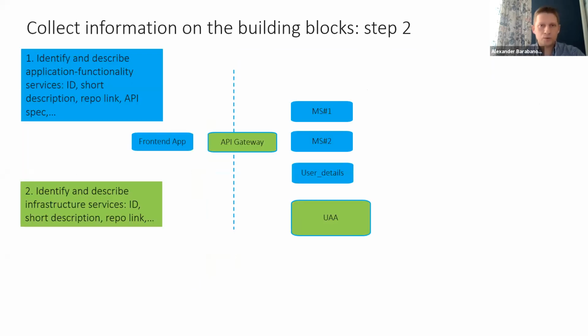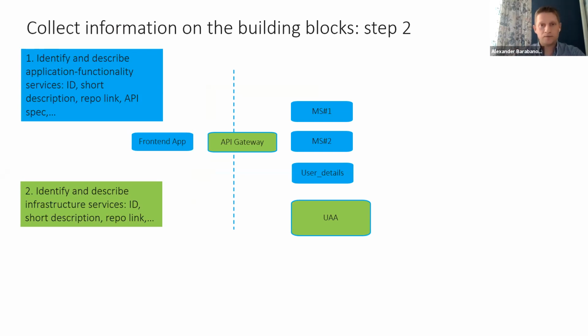The second stage is to identify and describe infrastructure services, because you probably use some infrastructure services, that is, general purpose services, including some remote services that do not implement any business-related functionality, but some kind of general purpose functionality like service registration and discovery, API gateways, OAuth authorization service or logging.